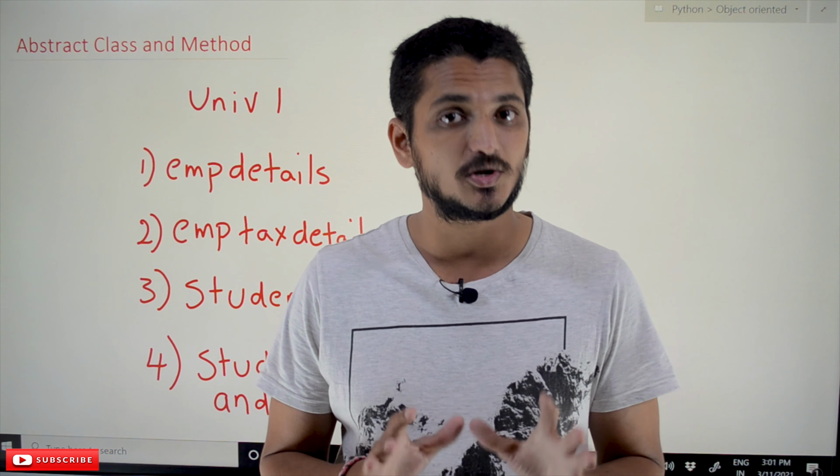These types of methods we make abstract methods. A class that consists of at least one abstract method we call an abstract class. We cannot create objects for abstract classes because the implementation is not there.